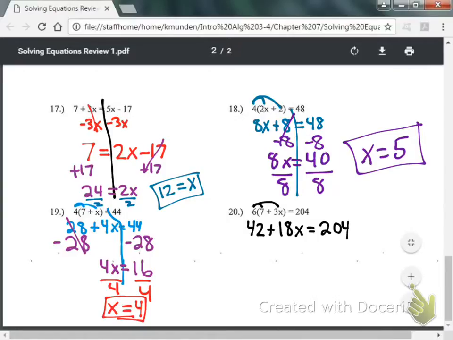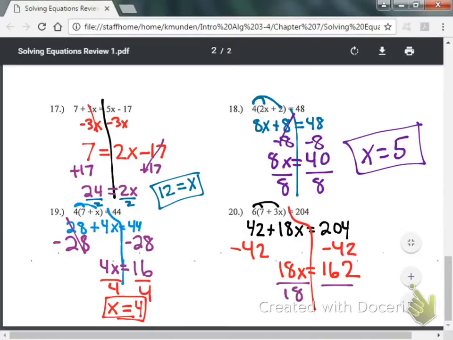Minus the 42, good. It's 162. Okay. Alright, and then divide 162 by 18. There'll be 9. 9. I'll say it clearly.